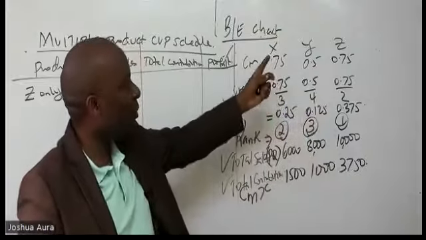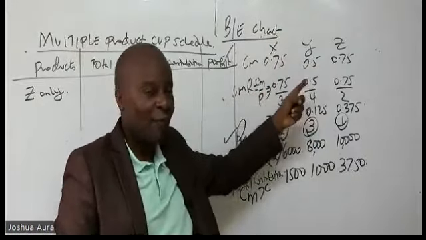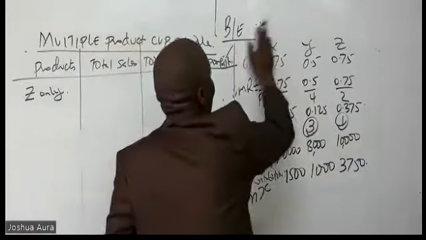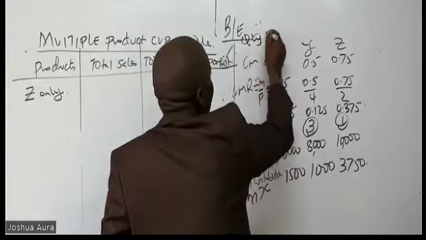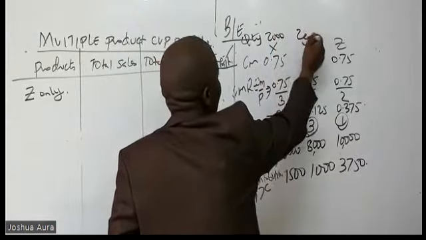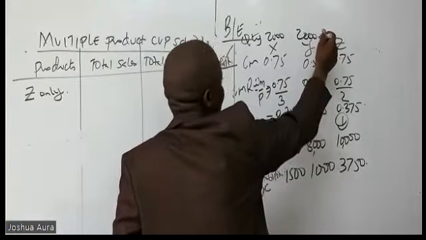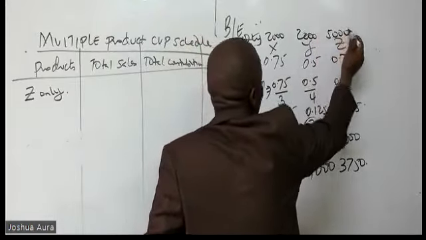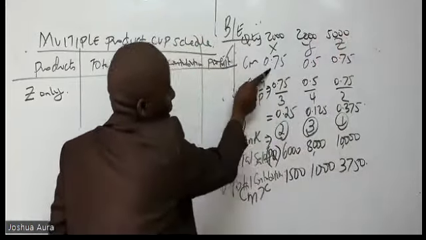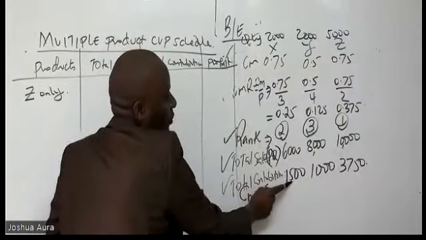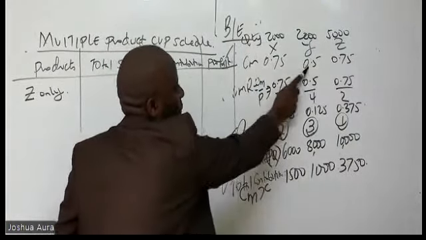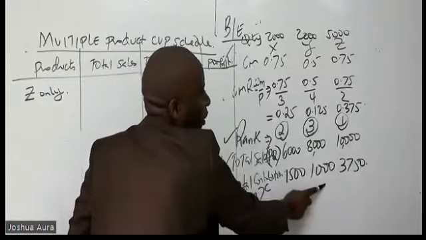If contribution for each unit is 0.5, and the quantities here are 2,000, this also helps the student who was asking how we got the figures. 0.5 times 2,000 will give me 1,000.